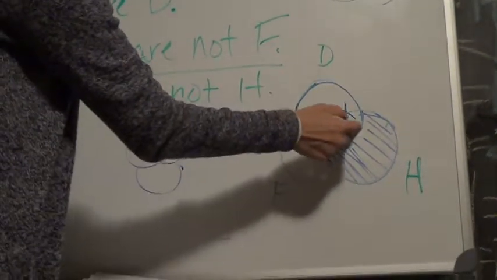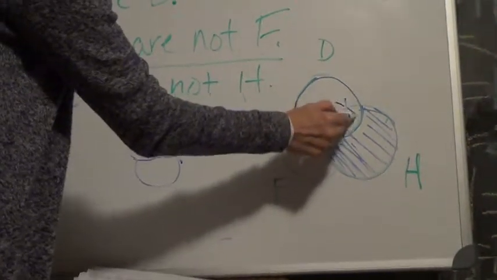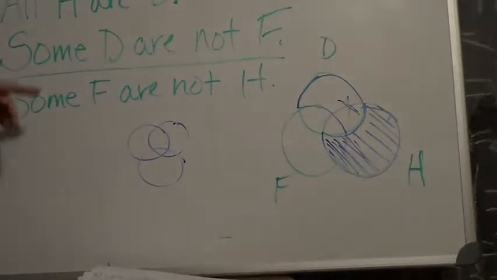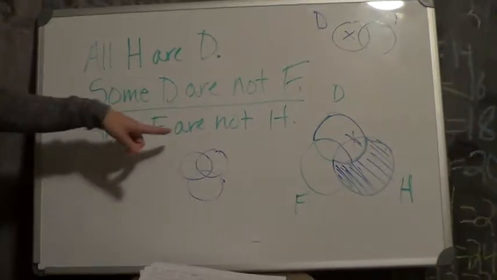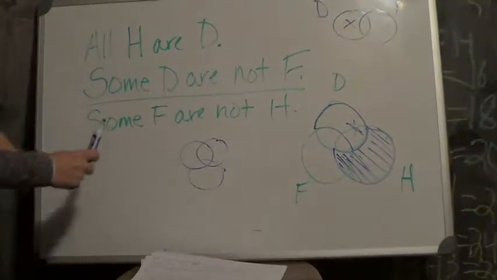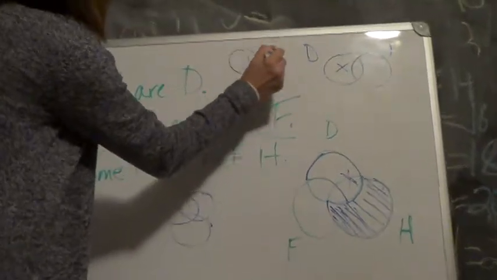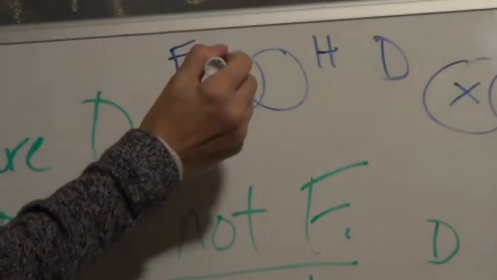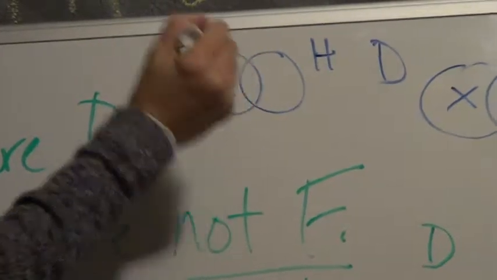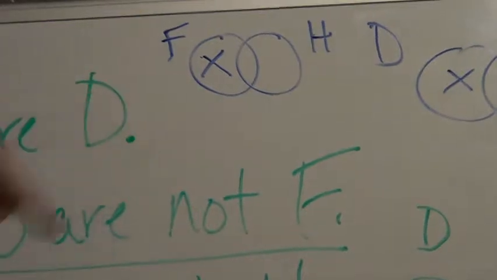We know that it's out here somewhere, but we don't know if it would be here or here, so we put it on the line. And now we just want to look at the conclusion. Again, we don't diagram it, so you're just going to look at some F are not H. If you were looking at that on its own, you know that that's an O statement, and so you're going to have an X out here.